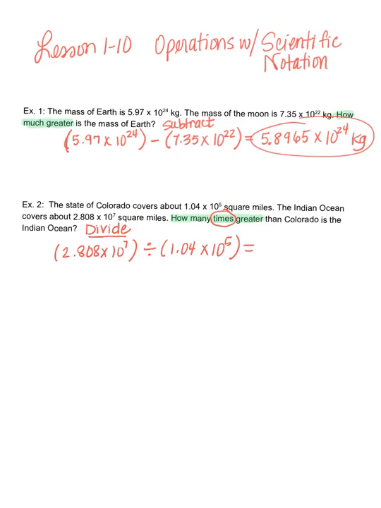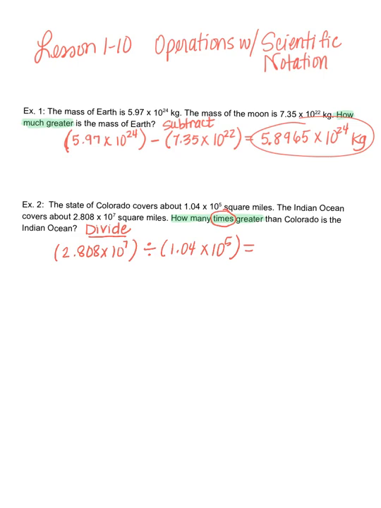Parenthesis, 2.808 times 10 raised to the 7th power, close parenthesis, divided by, open parenthesis, 1.04 times 10 raised to the 5th power, close parenthesis, enter.